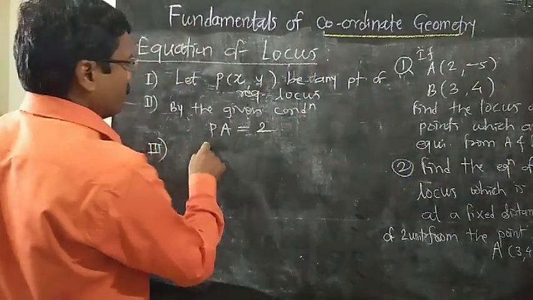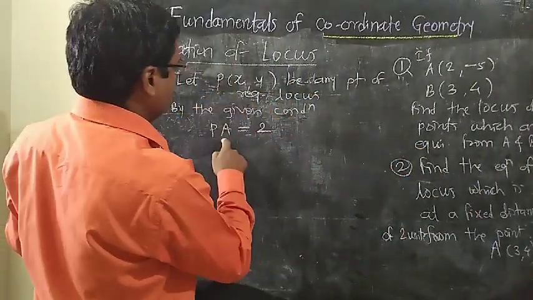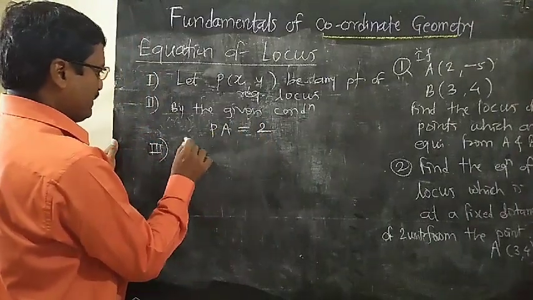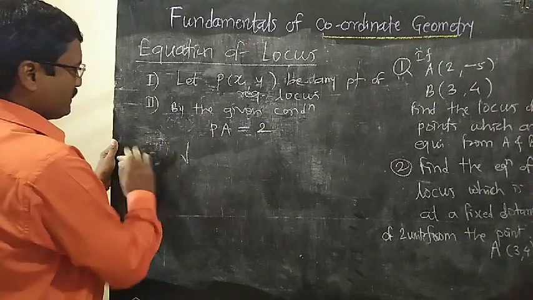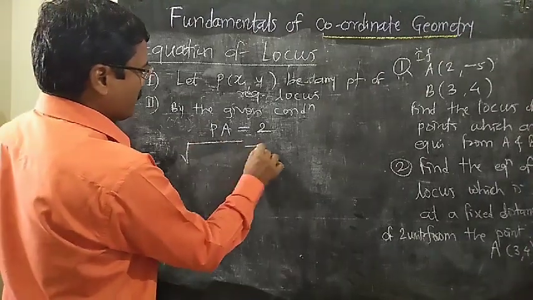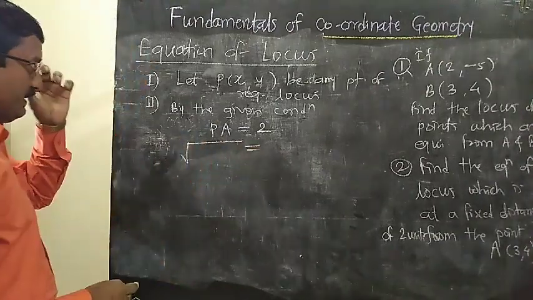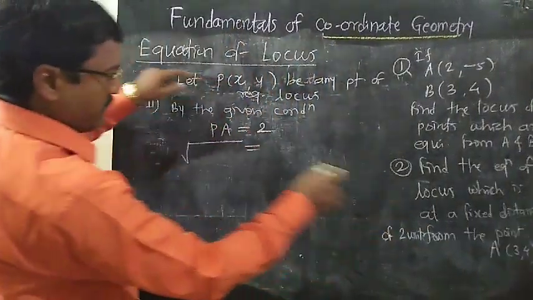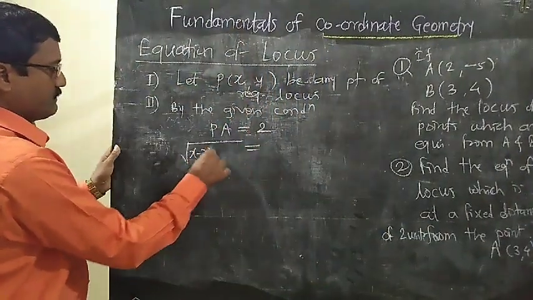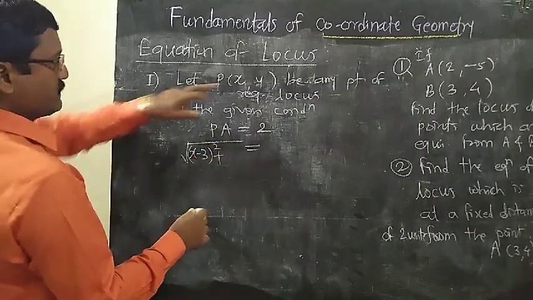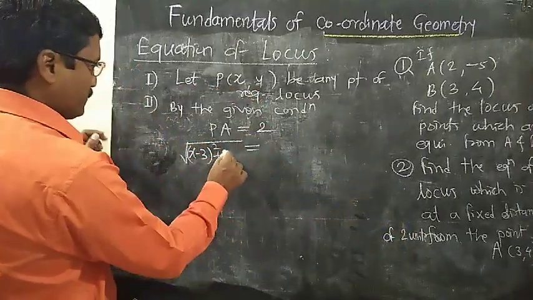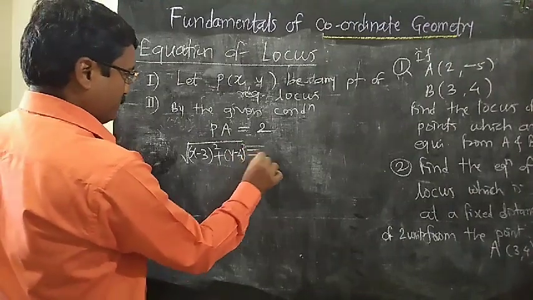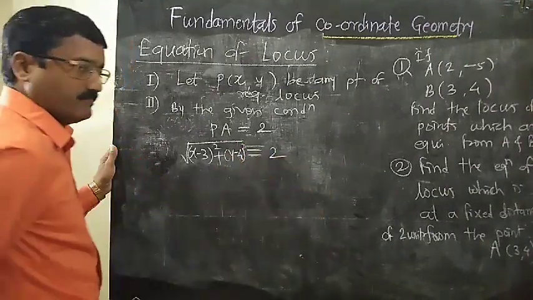So distance of point P from point A is 2. This distance is nothing but distance PA. Now in the second step, write the geometrical condition in algebraic form. Distance PA, P is xy, A is (3, 4). So distance PA is the root of x minus 3 bracket square plus y minus 4 bracket square, and it is nothing but 2.